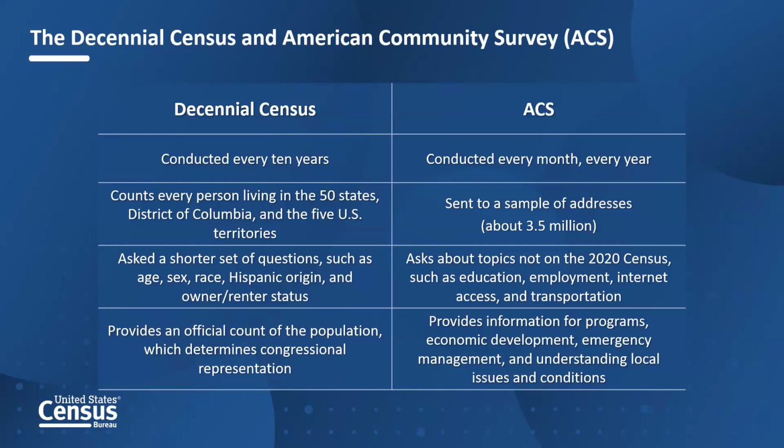The decennial census gives you total population counts and basic demographics, such as age, sex, race, Hispanic origin, and whether you rent or own your home. The ACS provides you with an estimate of the population together with more detailed demographic characteristics, such as education and employment, even commuting to work and languages spoken, etc.